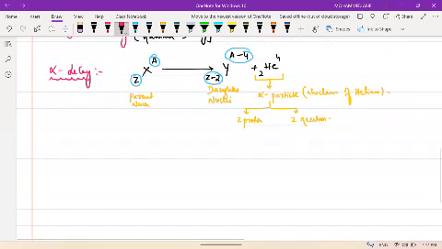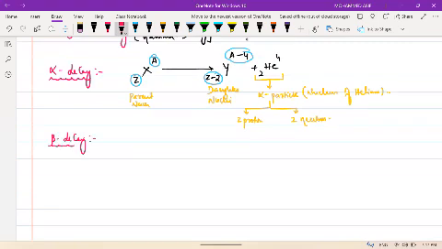The next one is beta decay. In beta decay, the nucleus X with Z and A gives you Y. Here the atomic number increases by 1 and the mass number remains the same.